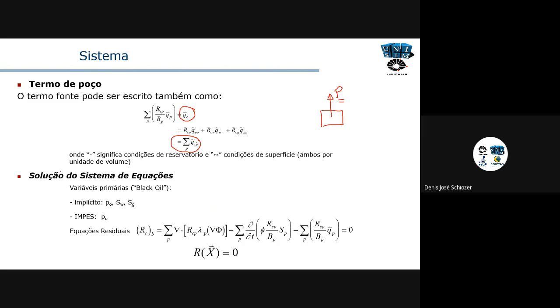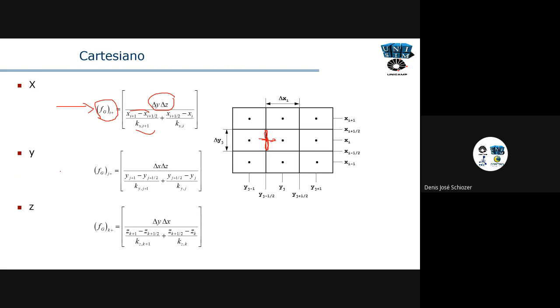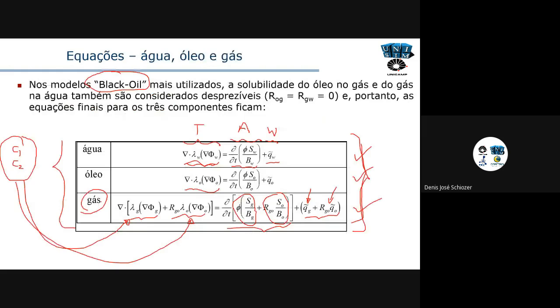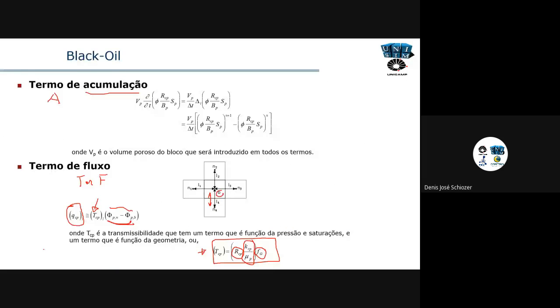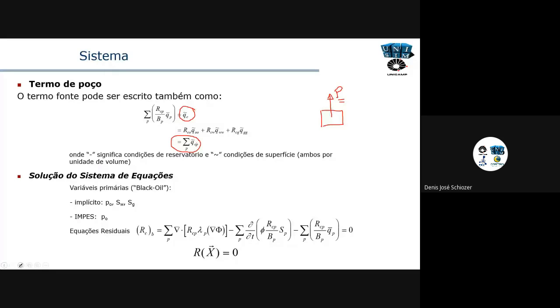These are the most important equations that you have to understand, and how we are going to solve them is the important thing. The most important thing is that we have 3 equations per block, so we're going to have 3 unknowns. The most typical unknowns in reservoir simulation, though they can be others, are the oil pressure, water saturation, and gas saturation.